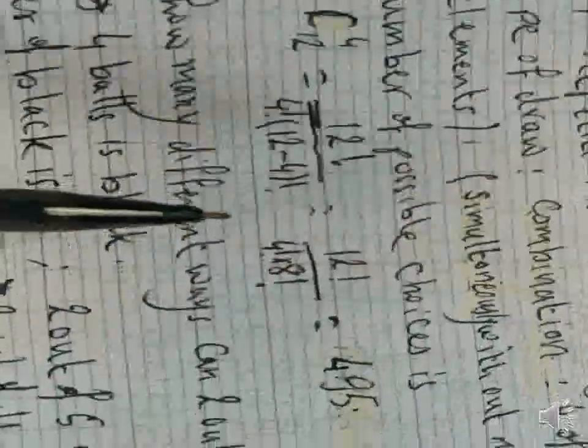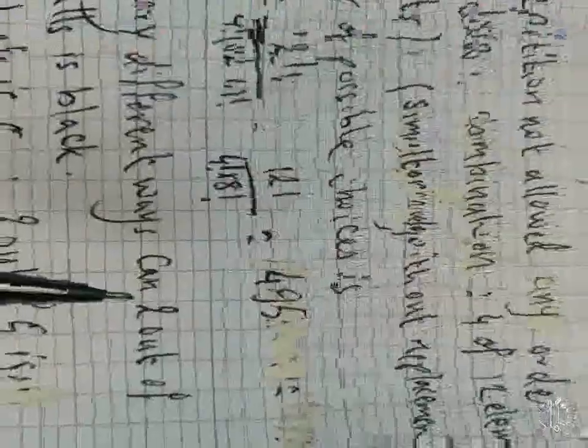Let's see the second question, the same as the preceding problem. In how many different ways can 2 out of 4 balls be black? We are drawing 4 balls, but what is the number of possibilities that 2 of them are black?